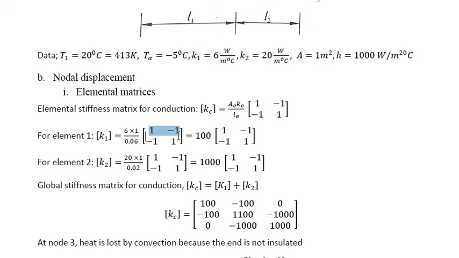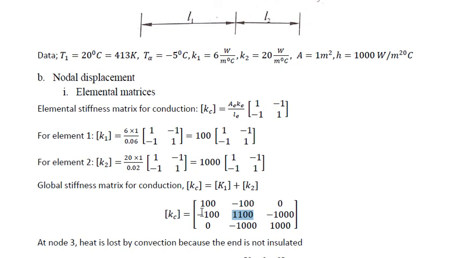Element 1 is having the degrees of freedom 1 2, and element 2 is having the degrees of freedom 2 3. So only this center term is added. This 100 is added with this 1000, which becomes 1100.